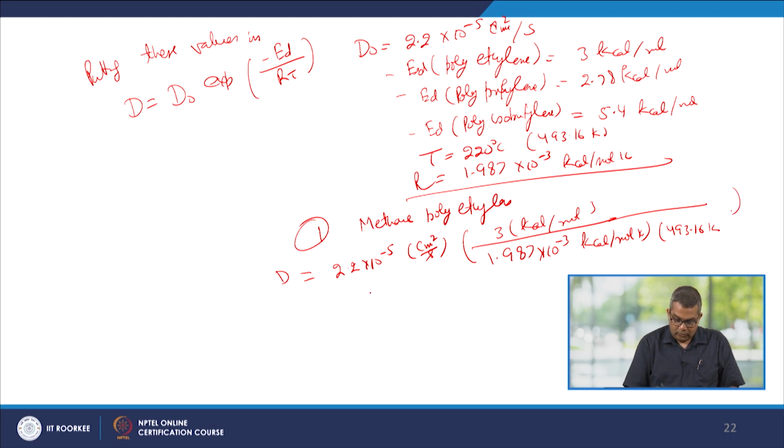Now this comes out to be D is equal to 6.7 into 10 to the power 5 centimeter square per second, and this is the answer for the first system.